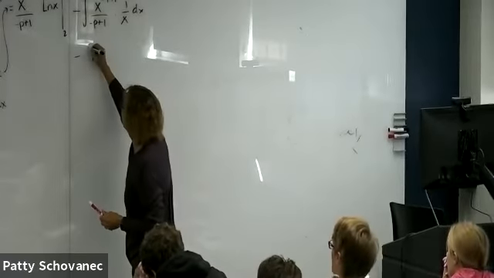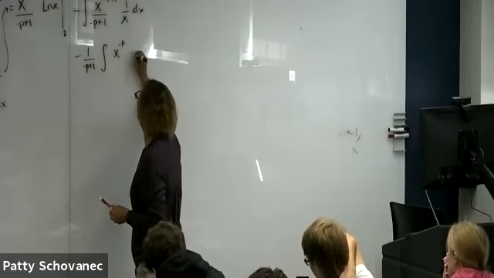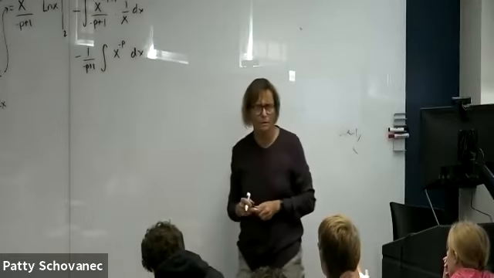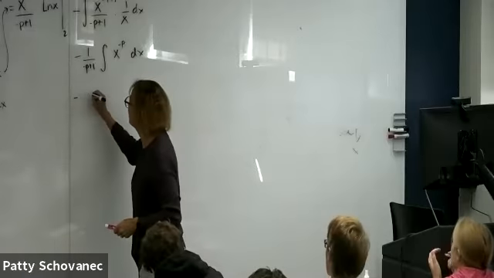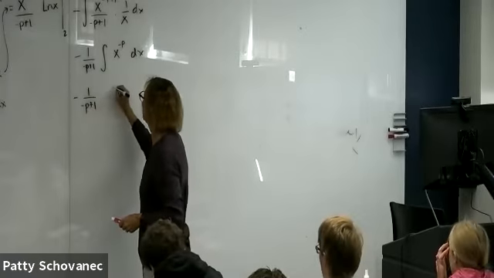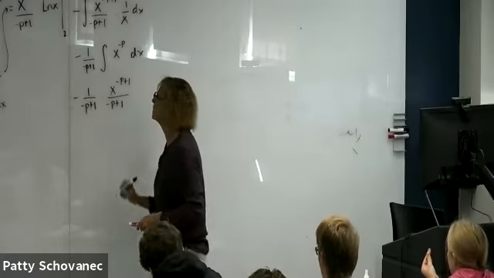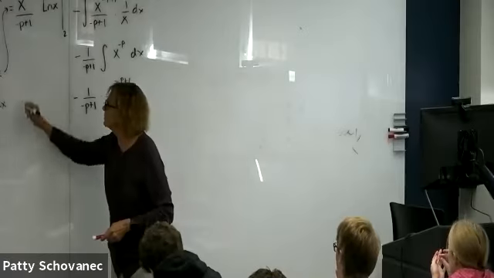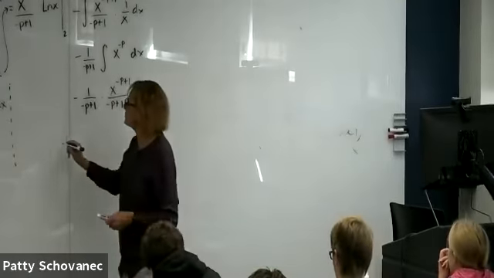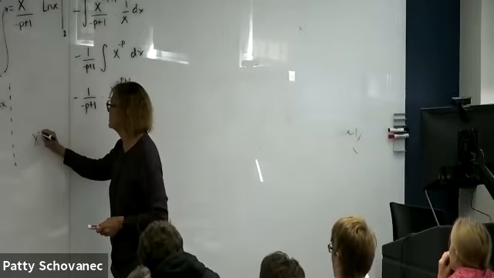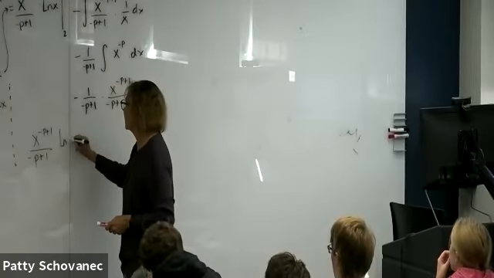So we're left to integrate, and pull my constant out, x to the minus p. That's what I was missing. And now you're going to integrate that by adding 1 to the power and dividing by the new power. You get x to the minus p plus 1 over another minus p plus 1. So my antiderivative is going to look like x to the minus p plus 1 over minus p plus 1 times the natural log of x.